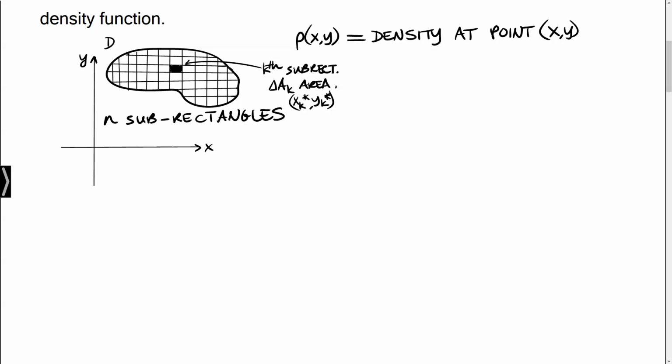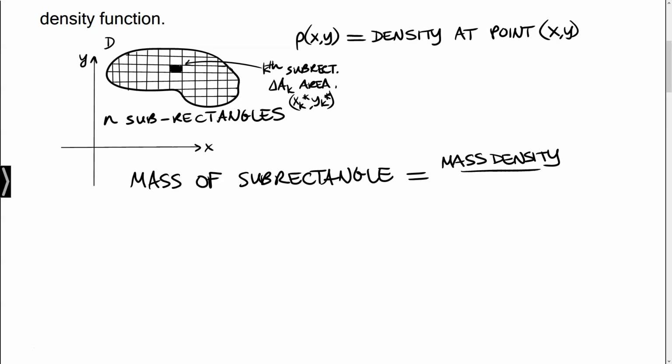So the mass of this little subrectangle would be the density, the mass density per unit area, times the area of that little subrectangle.